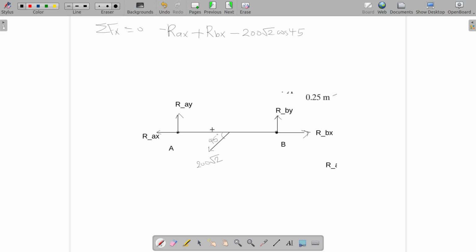The 200 root 2 cos 45 component is there towards left, so sum should be 0.